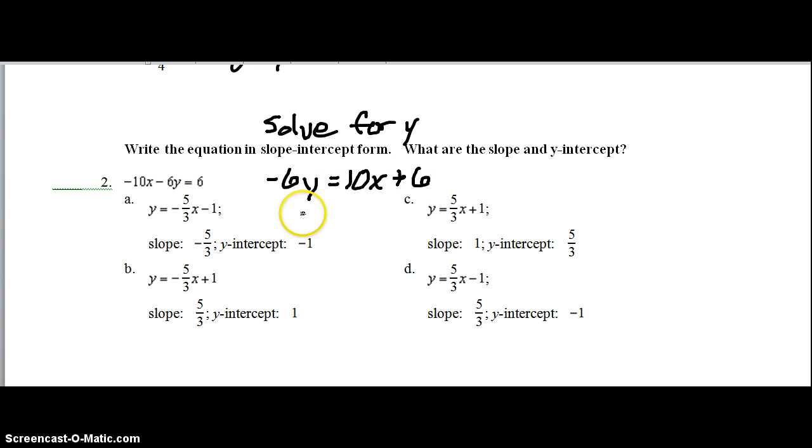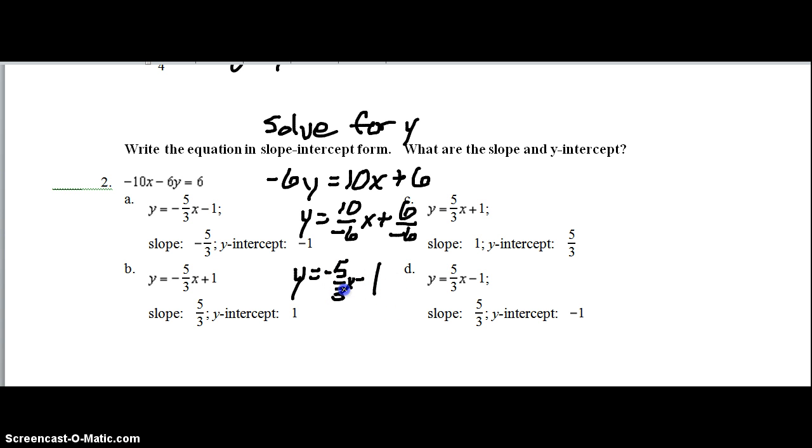And divide everything by -6. This is going to simplify to -5/3. And -6 and 6, that's going to become -1. So our answer should be something with a -5/3 and 1.